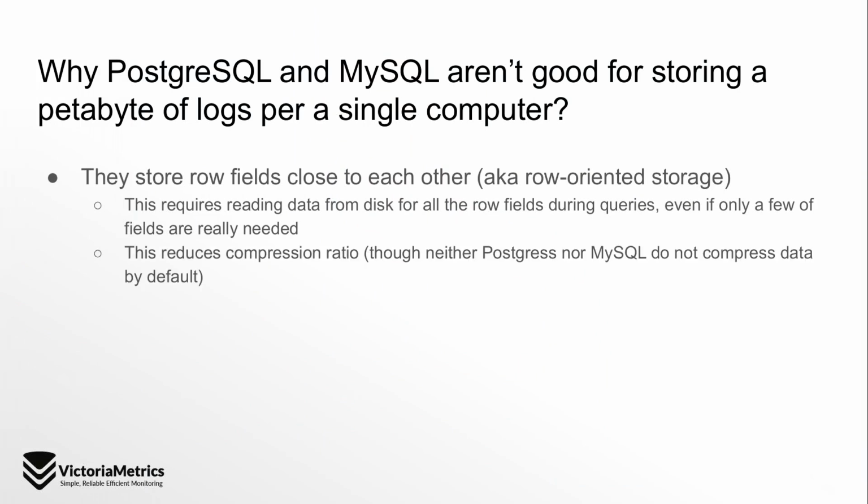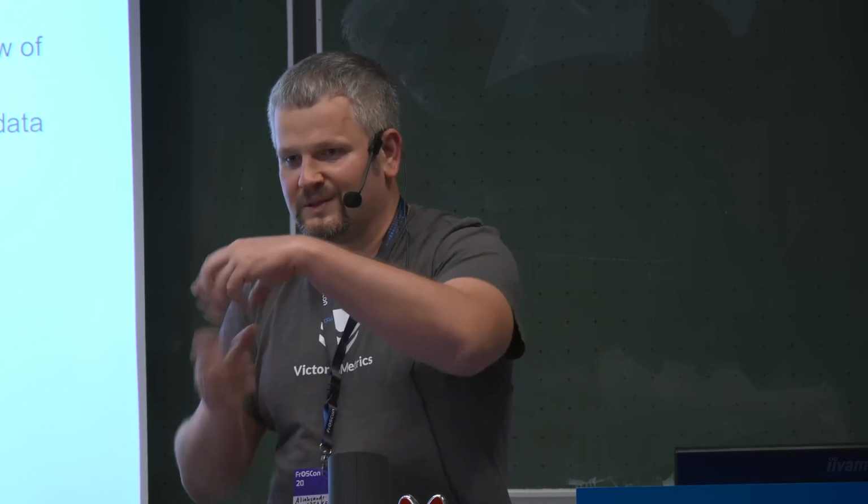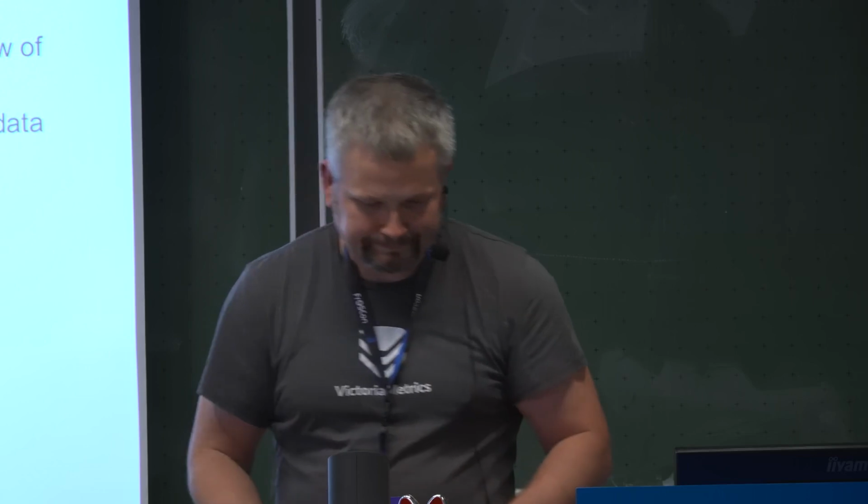Row-oriented storage also reduces compression ratio significantly, because individual rows, which contain many fields, compress at a lower ratio compared to when you compress every log field's values together.